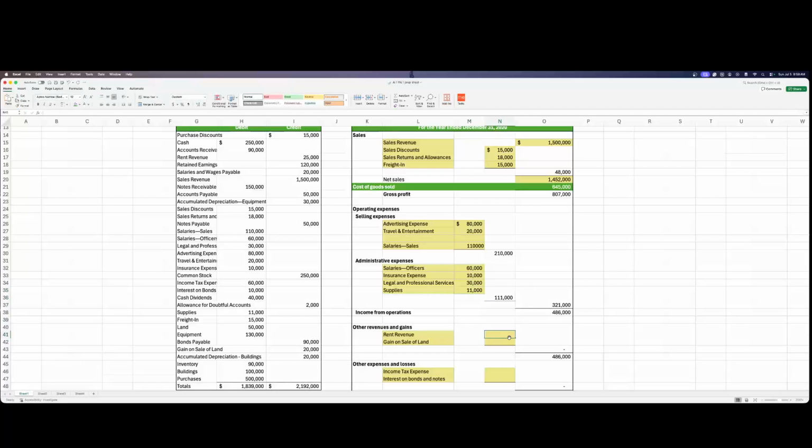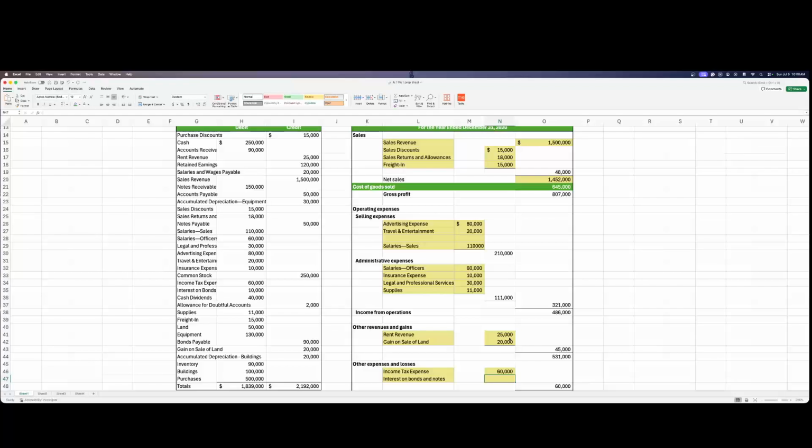You got the rent revenue, 25,000. Gain on sale of land, 20,000. Income tax expense, 60,000.